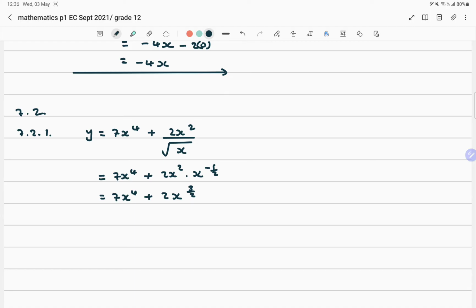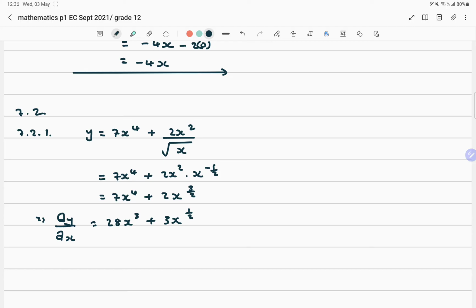Now that is done, so this implies that dy over dx is going to be multiplied in front. 4 by 7 is 28x cubed plus, now when we multiply there by 3 over 2 we get 3x, then we subtract 1, so we get a half.